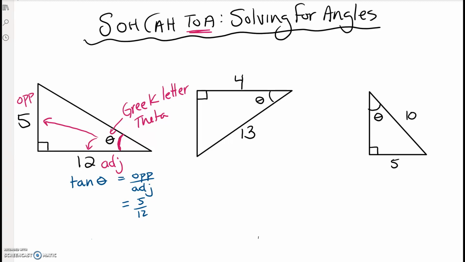We now have a variable we need to solve for. In order to isolate that variable, in this case theta, we need to get rid of this tangent. And how we do that is tan^-1. We want to do tan^-1, inverse tan, of this fraction 5 over 12.